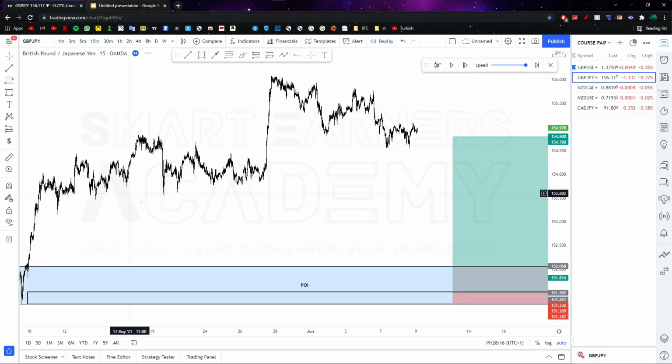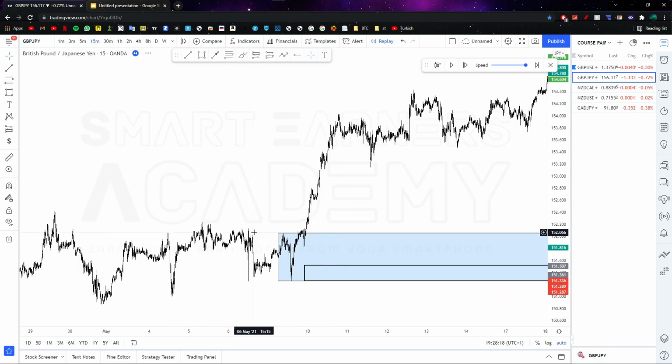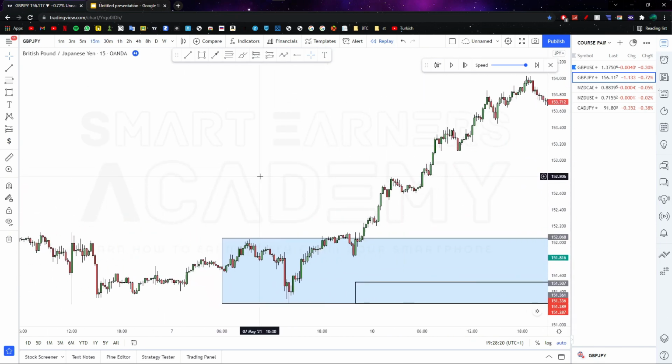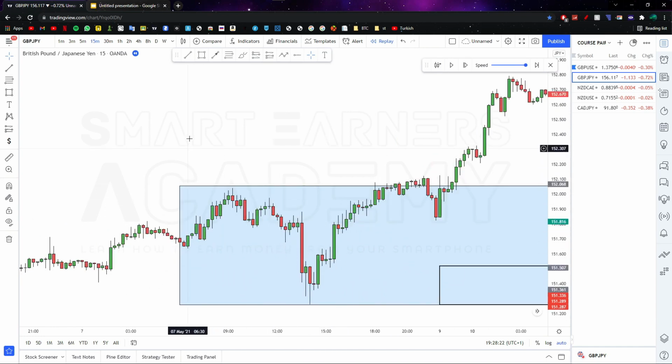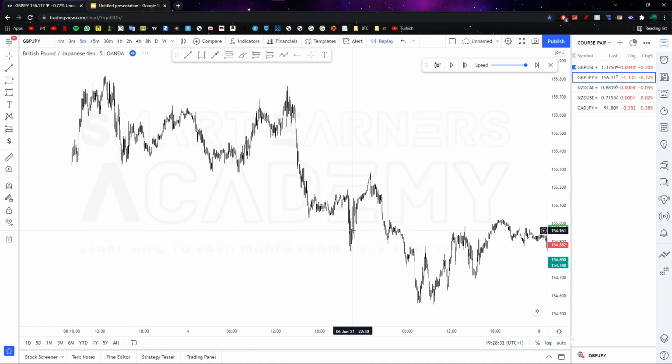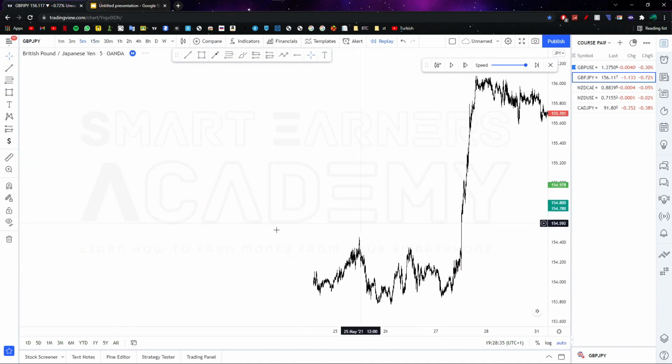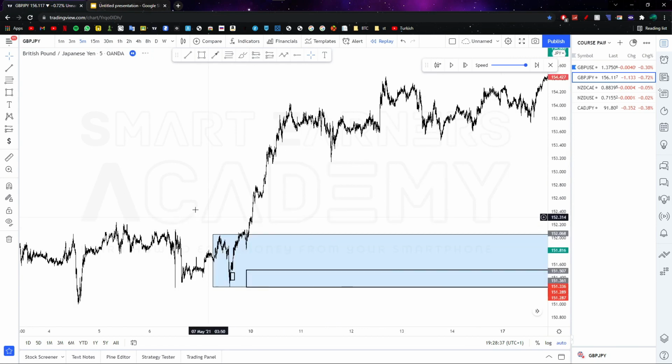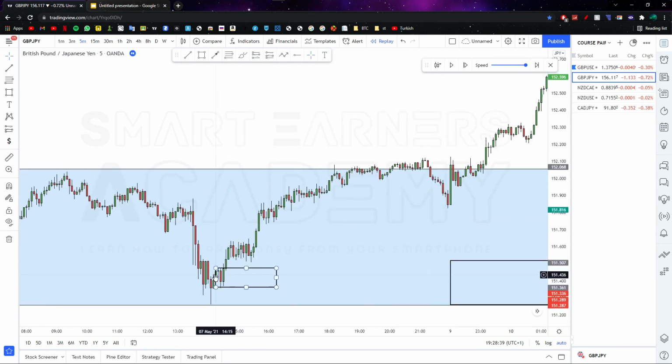But let's continue to work our way down to make sure that we are not missing out on any potential entries, right? So on the 15-minute, there is something that could be interesting here. So I'm just going to mark this out, and I'm going to take a closer look on the 5-minute. Right, so that's over here.